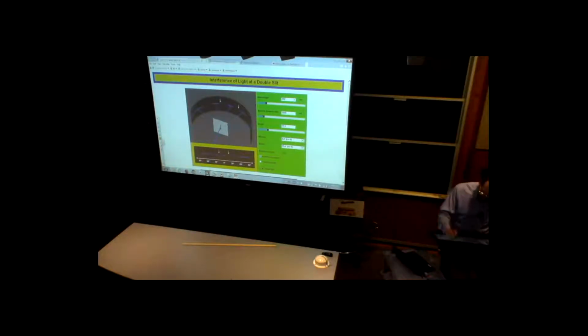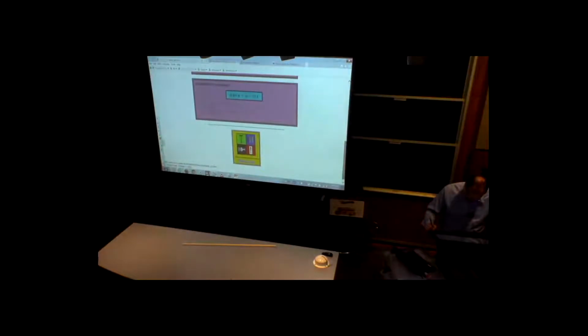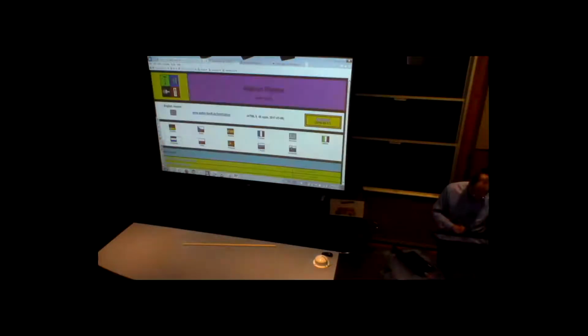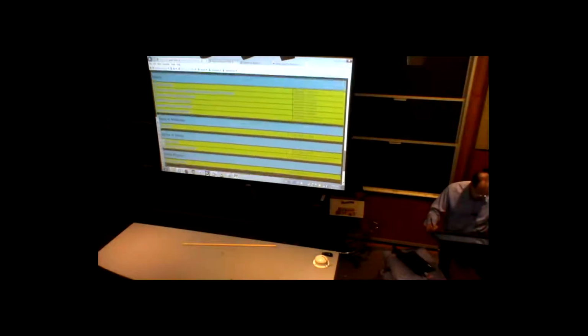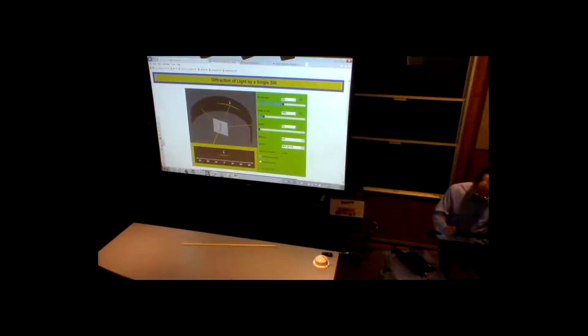Red will be like 750. Oh, that's a double slit. Where is my single slit? Okay. It's supposed to be somewhere here. There are many, many handy applications here. Single slit. Okay. So let's say 750. Red.